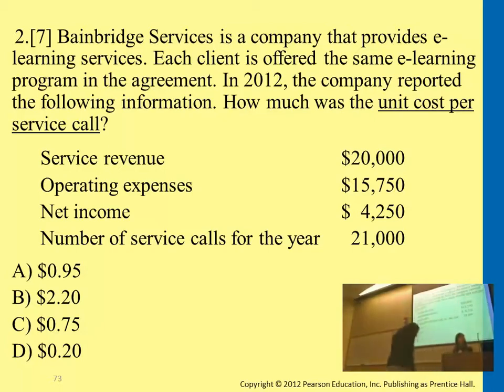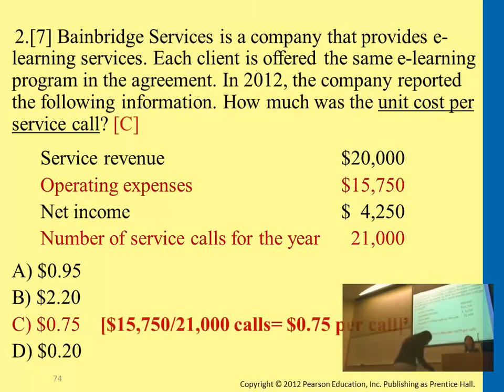So we will use operating expenses and spread them equally over the number of service calls. There are 21,000 service calls here. The total expenses used to make this service possible is $15,750. So you'll divide the total expenses by 21,000, the total number of calls.